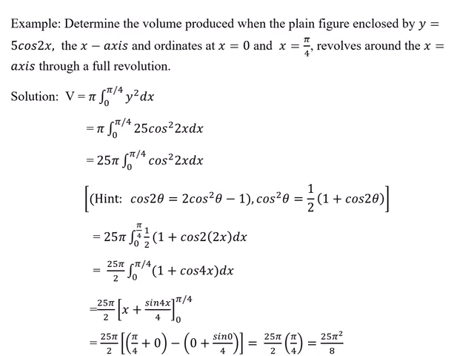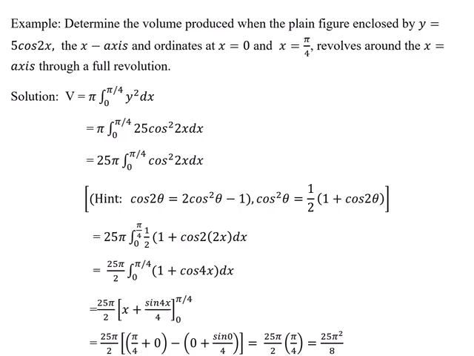So now look into this example under it. That is, determine the volume produced when the plane figure enclosed by y equal to 5 cos 2x, the x-axis and ordinates at x equal to 0 and x equal to pi over 4 revolves round the x-axis through a full revolution.